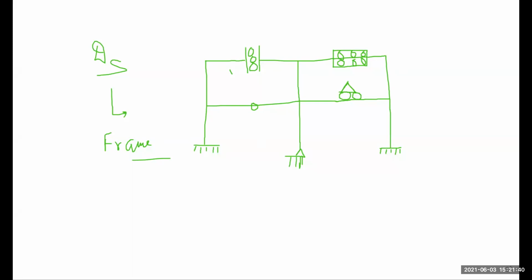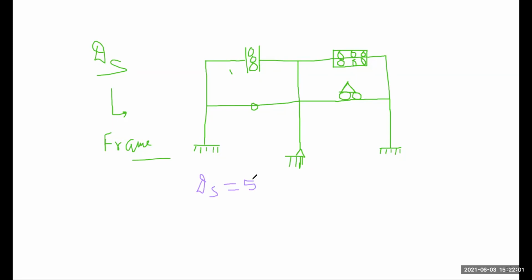Sir, 5. Okay, Nitish Kumar Saw is saying, sir, DS comes out 5. One option is coming. I have a question of a frame.